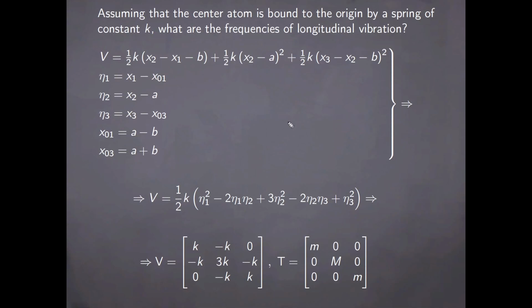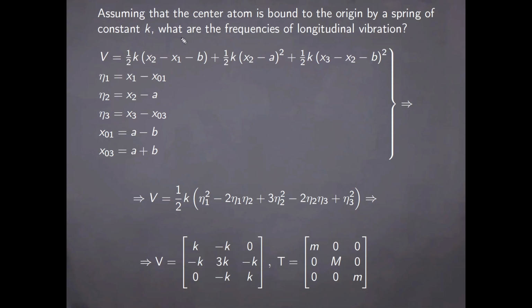Another such problem that would involve the vanishing of the zero mode is the problem of the linear vibrations of the triatomic molecule, where the center atom is bound to the origin by an additional spring of constant k.